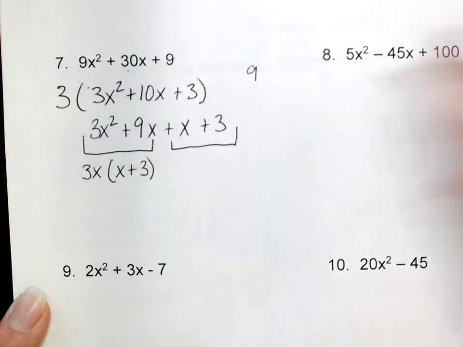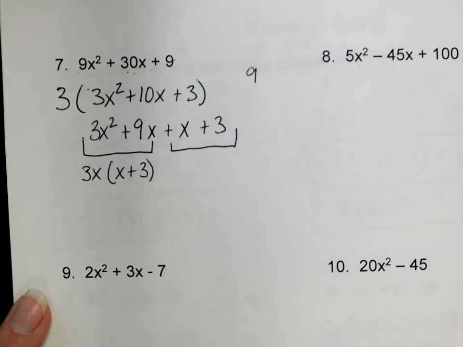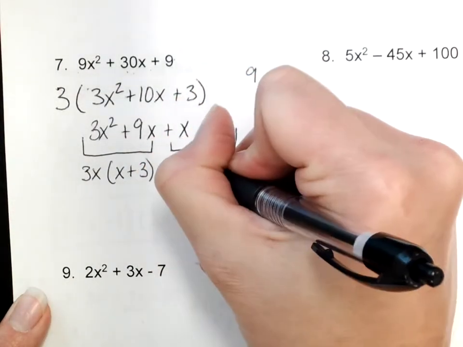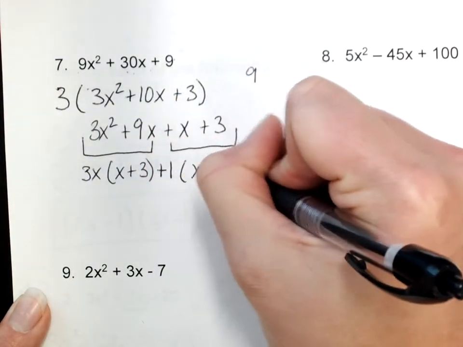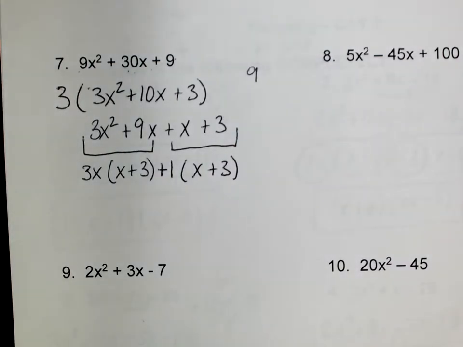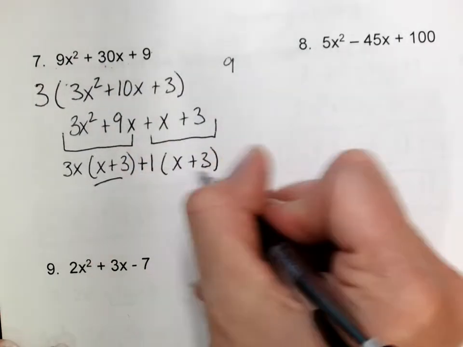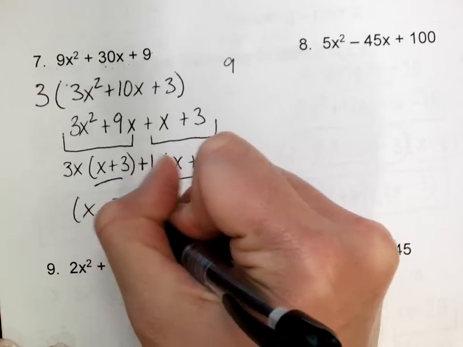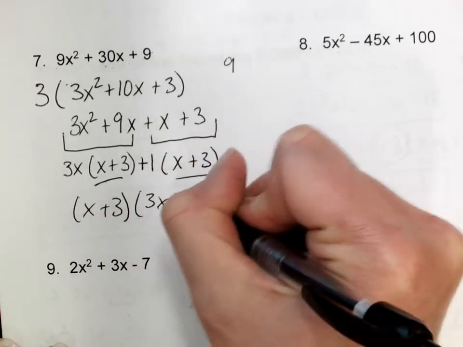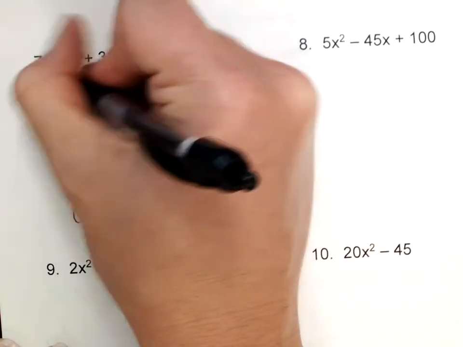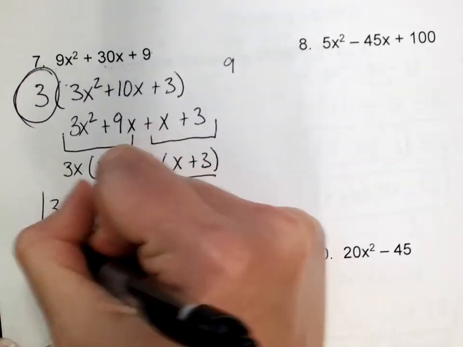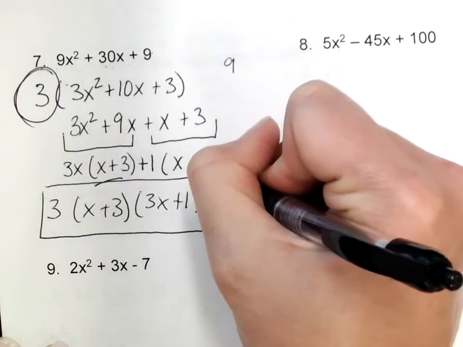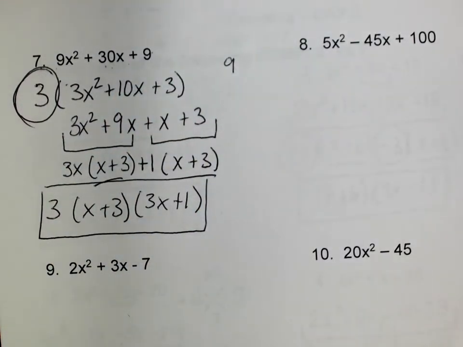Greatest common factor here is an understood 1. I can't actually pull anything other than a 1 out of both of those, so I'm going to go ahead and pull that out as a placeholder. My two factors are going to be x plus 3 and 3x plus 1. Don't forget this greatest common factor of 3 that you found at the very beginning needs to hang out in the front. Okay?